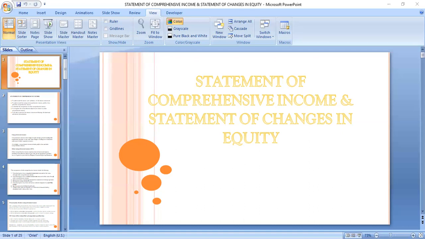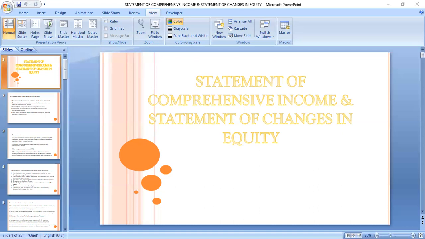Reclassification adjustments are amounts reclassified to profit or loss in the current period that were recognized in other comprehensive income in the current or previous periods.